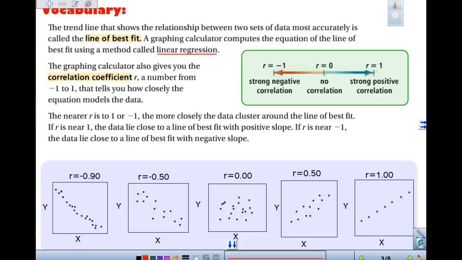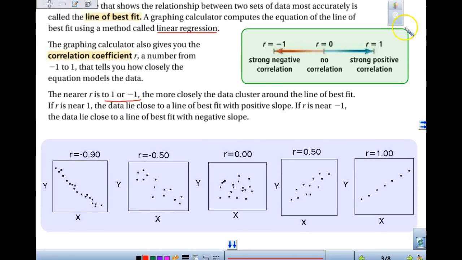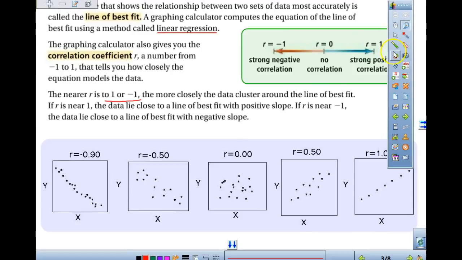Keep going, Keegan. The nearer R is to one, the closer the data is to the line. If R is near one, the data is close to the line of best fit with positive slope. If R is near -1, the data is close to the line with negative slope.